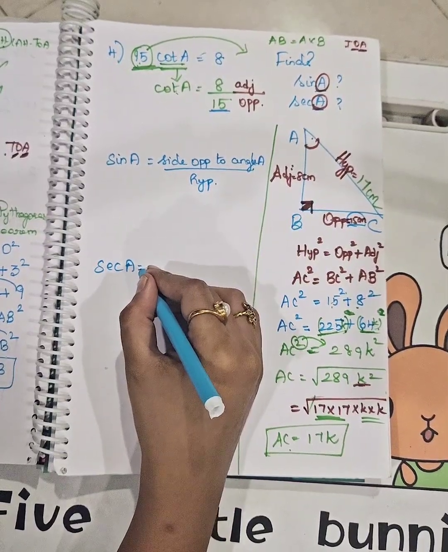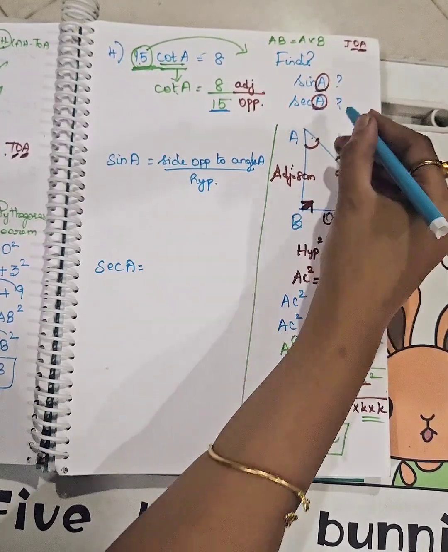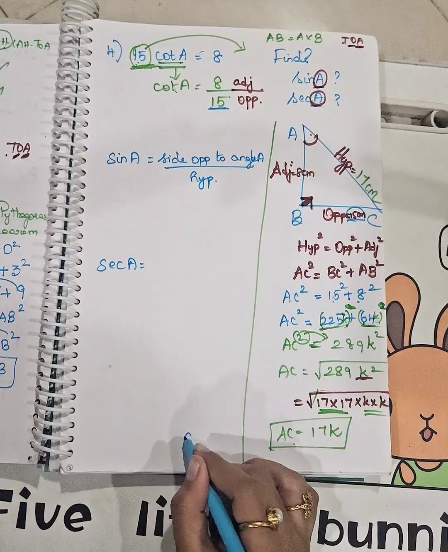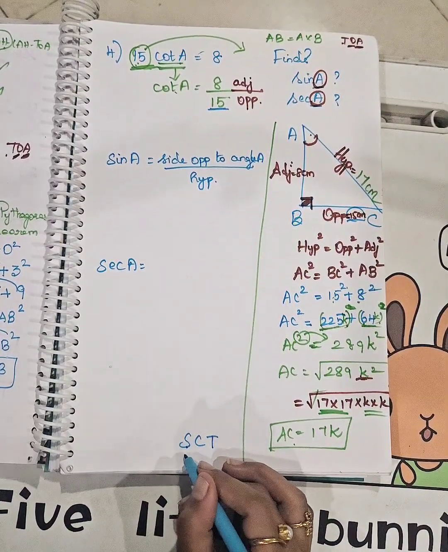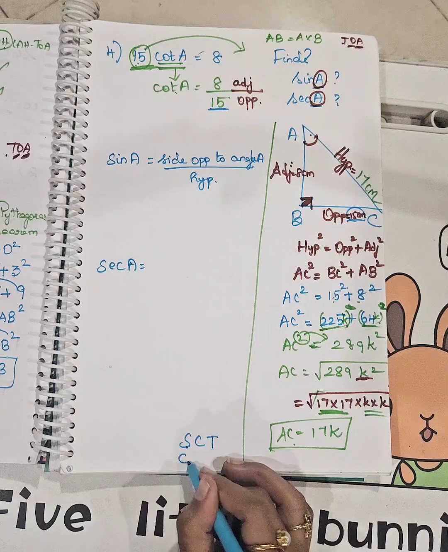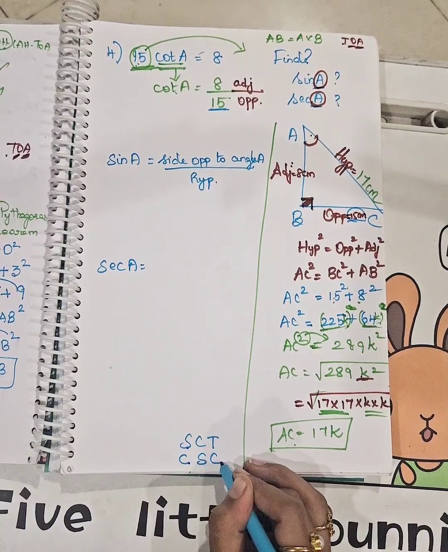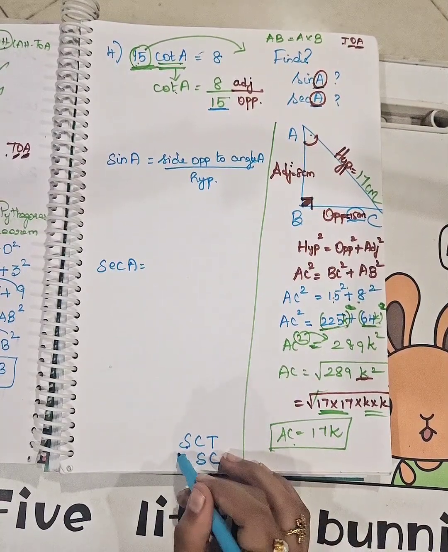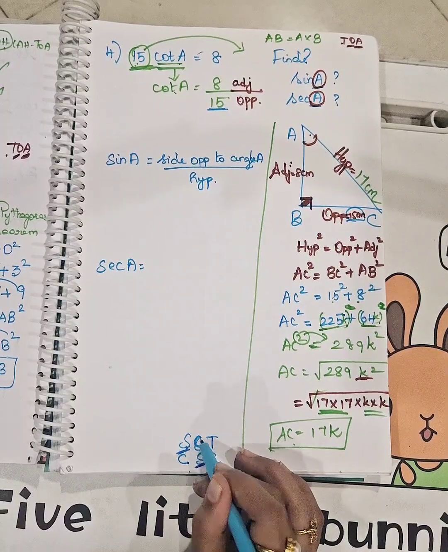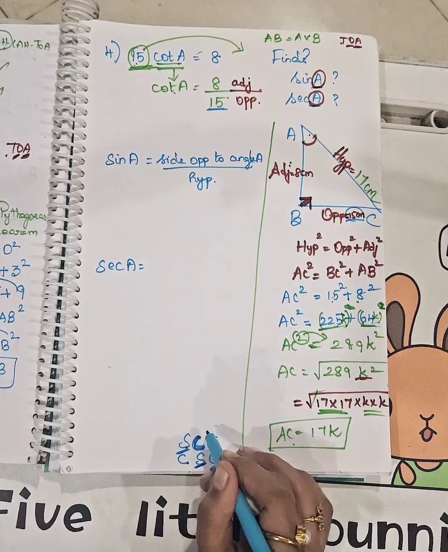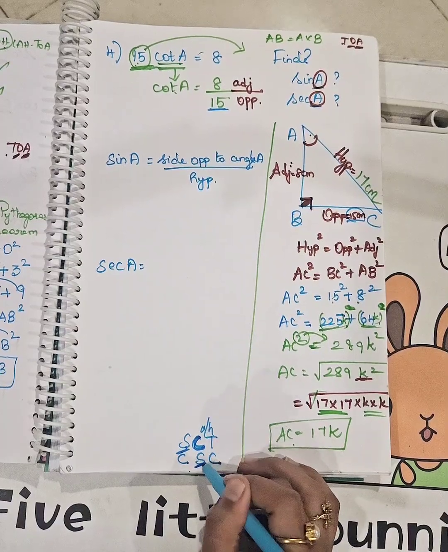For secant, if cos is adjacent by hypotenuse, what would be secant?